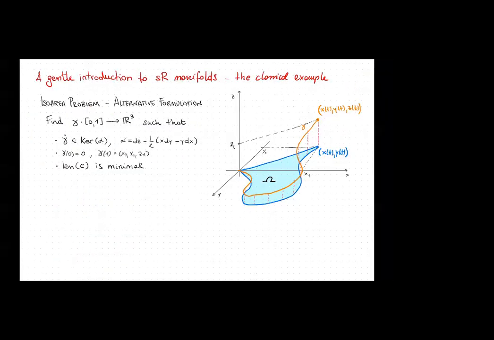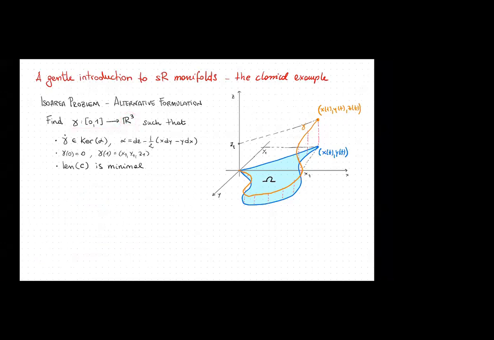So my claim is we have just defined a geodesic problem on a sub-Riemannian manifold. Our new formulation of the isoarea problem is telling us that we are looking for curves into R3.